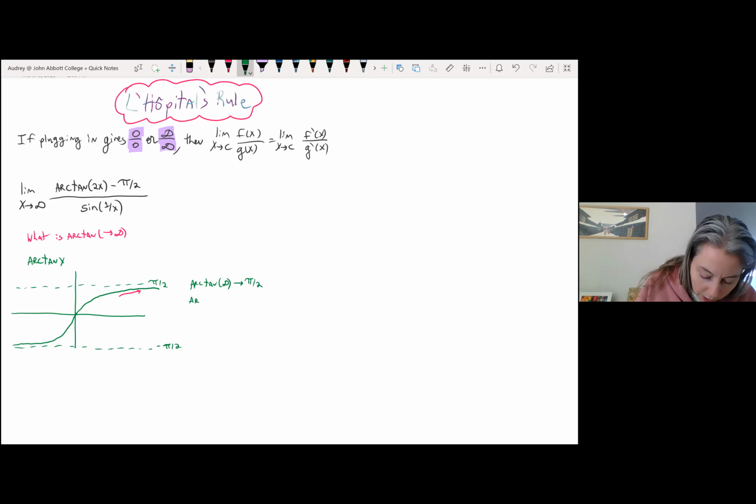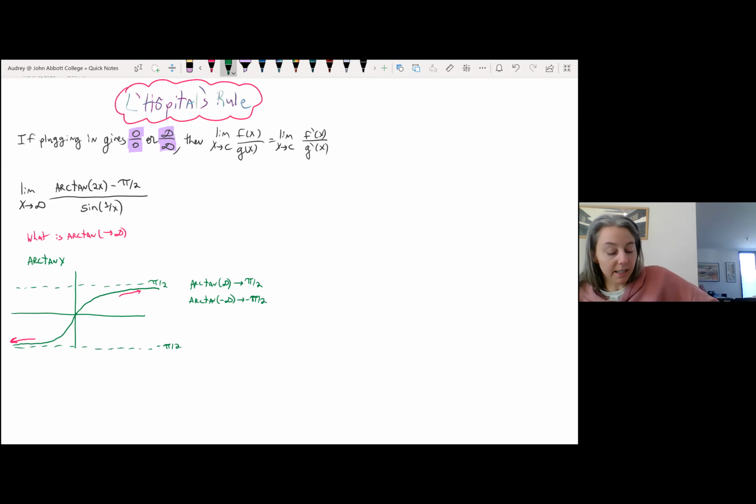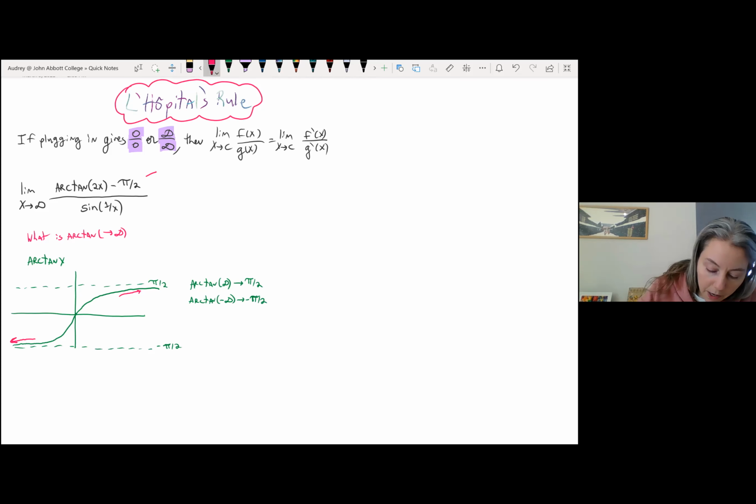Whereas if we were to look at arctan of negative infinity, we're saying what happens as my x values get infinitely small, we can see that it's going to that asymptote there of negative pi over 2. Okay. So in this case, we have that arctan of 2x, that's just our arctan going to positive infinity. So when we plug in up here, we end up with pi over 2 minus pi over 2.